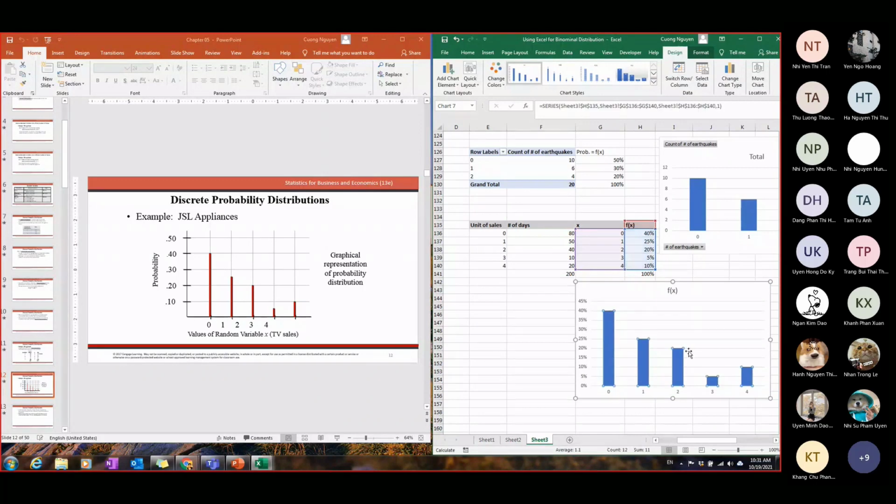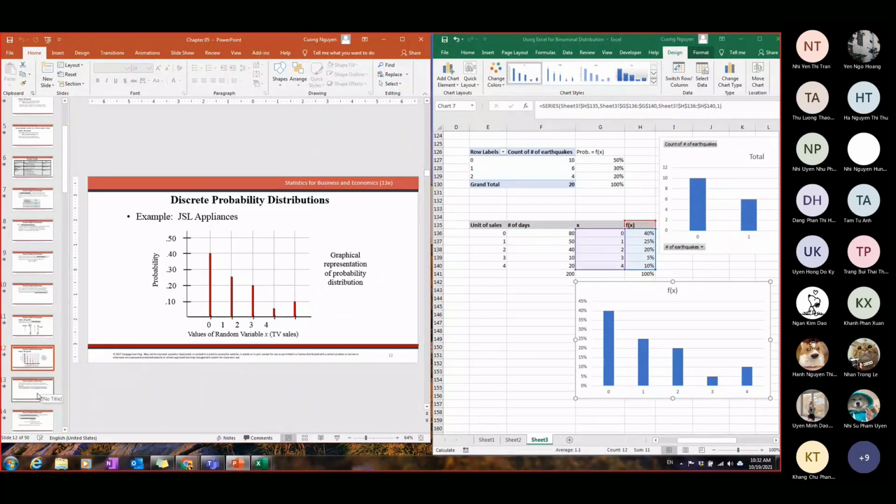And we can see how many percent of them. You see like most of the time the function has the highest probability for 0 TVs sold per day. Okay, are you clear about this part? Any problem? Okay, I hope you're clear, because this is very simple, so I don't think there's any problem here.